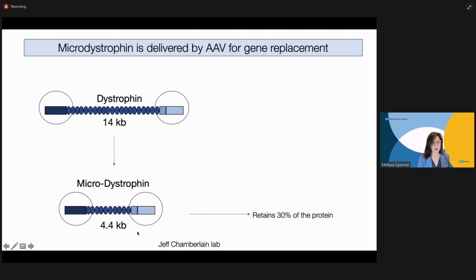It needs to be about 4.8 kb to fit into AAV to be able to deliver it to the muscles. This idea has been the basis for many other therapies as well. The microdystrophin retains about 30% of the protein. So it is not as functional as the wild type, but boys who are receiving this therapy are doing pretty well.